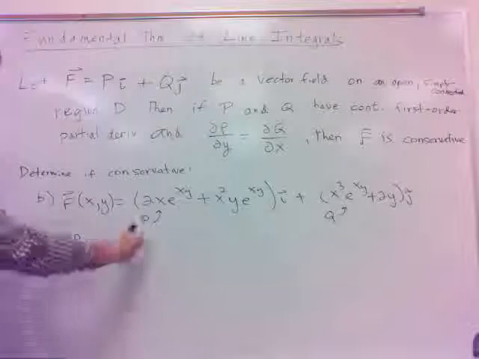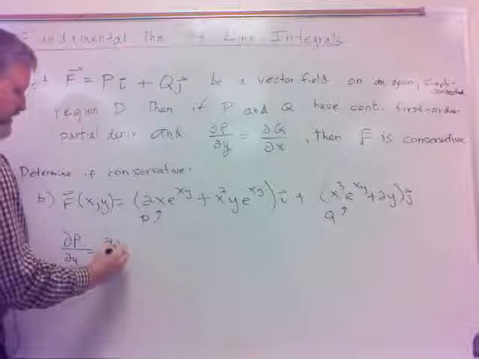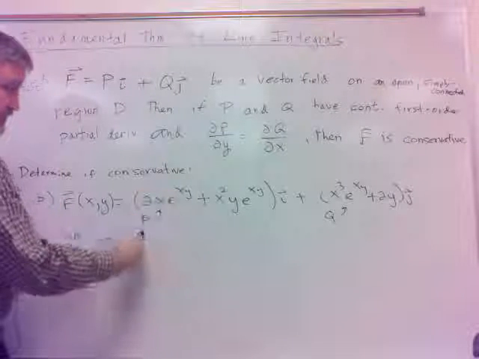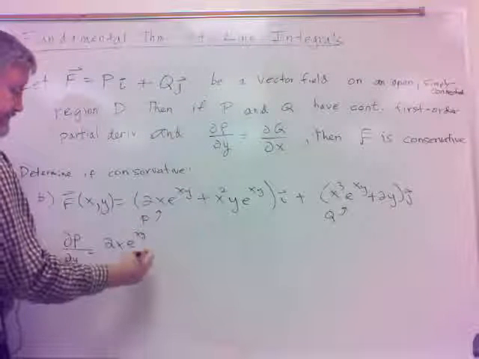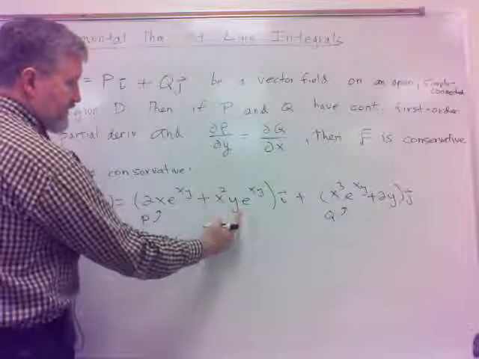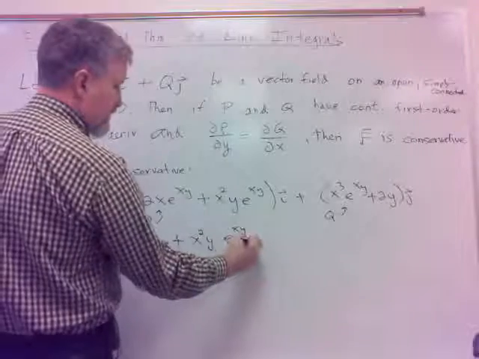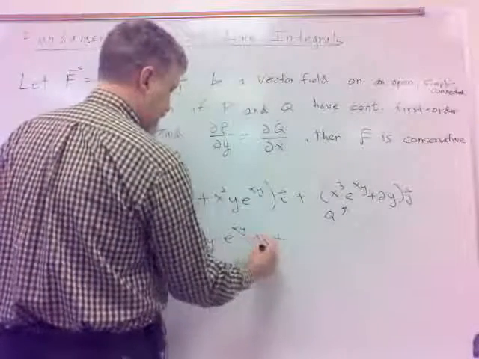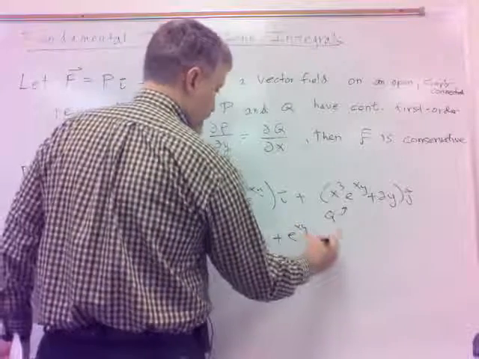The first term would just be 2x times the derivative of e to the xy, which is e to the xy times x. For the second term, we do a product rule: x squared y times the derivative of e to the xy, which is e to the xy times x, plus e to the xy times the derivative of x squared y with respect to y, which is x squared.